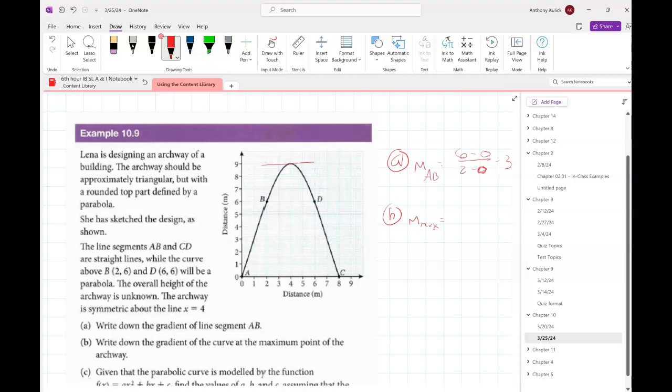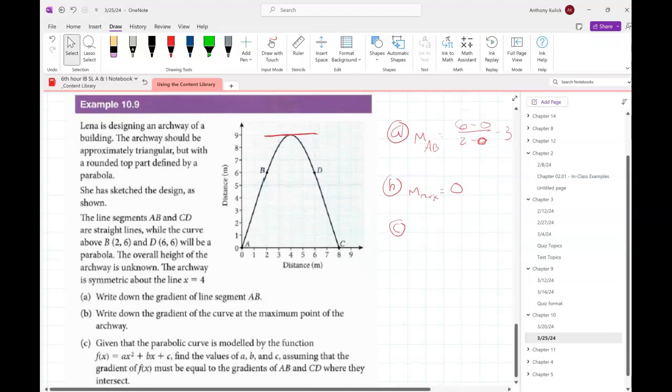What's the slope of that line? Let me try to redraw it. 0, right? Remember from 10.1, the slope at any extrema, max or min, well, I should say any relative extrema, is going to be 0. Don't even need to do anything with that.